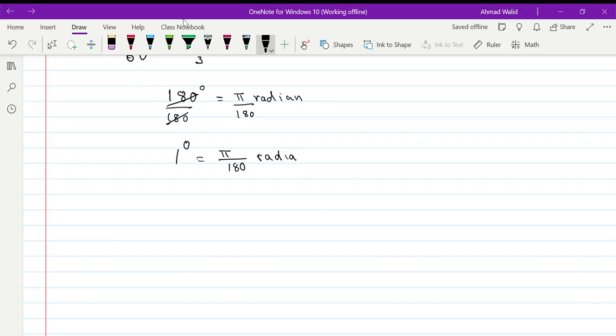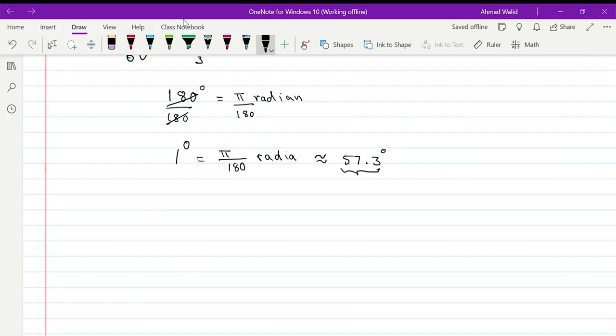And if you divide pi by 180, approximately the value is 57.3 degree. We never use this decimal number after this in our analytical studies here. We just keep it as a fraction like this.